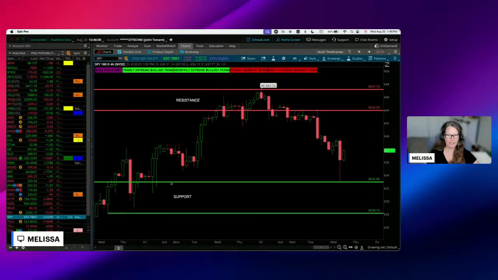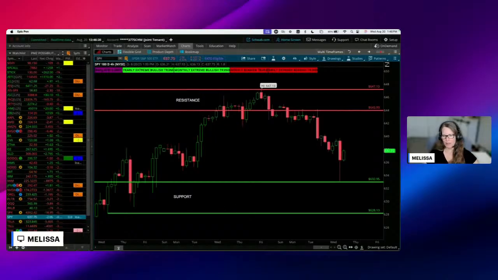And our target is, once we have established a support zone and a resistance zone, the target for your trade is the opposite side of this trade. So if I'm long from support, my target is resistance.